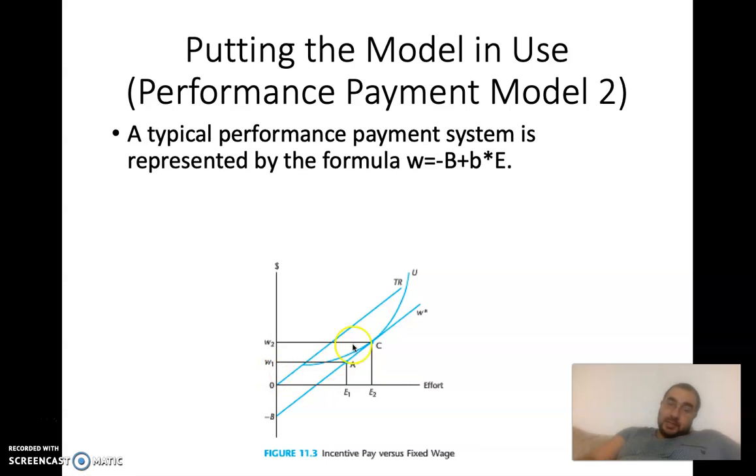In this case, it is tangent at C, because if it is tangent to a utility curve at a certain point, that means you cannot get above that utility level. Of course, in this case, the effort level will be basically fixed by the workers.